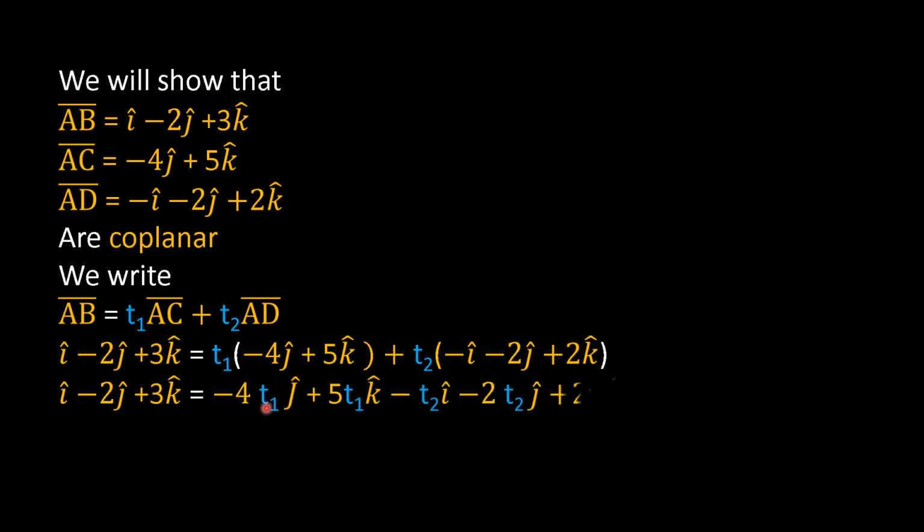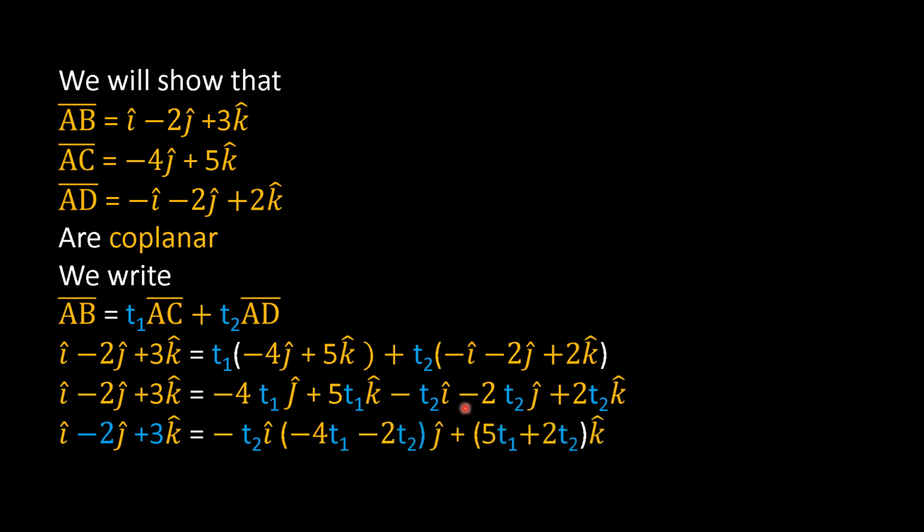We will open the brackets here and we will have minus t2 i cap plus minus 4t1 and minus 2t2 j cap plus 5t1 plus 2t2 k cap.